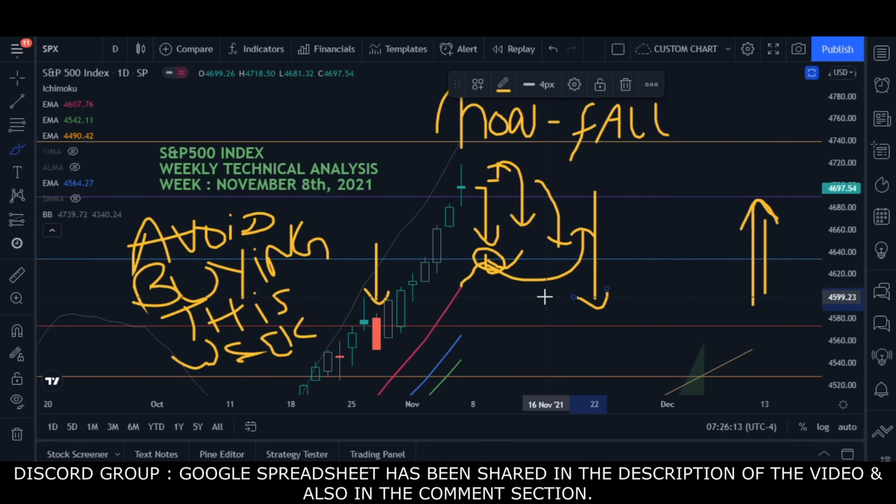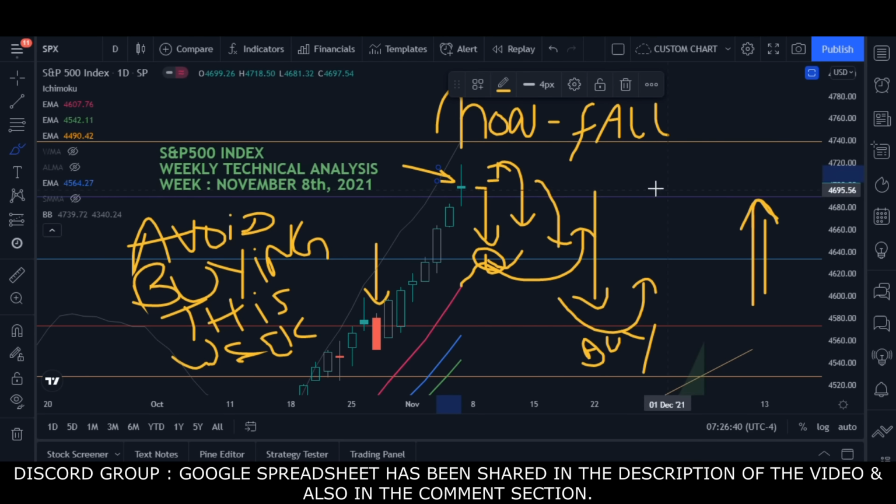When the divergence comes down and you see that the market is retracing, that is the point where you can buy. So when it comes down, holds, and retraces, then only you should buy. Otherwise, the market is expected to come down.